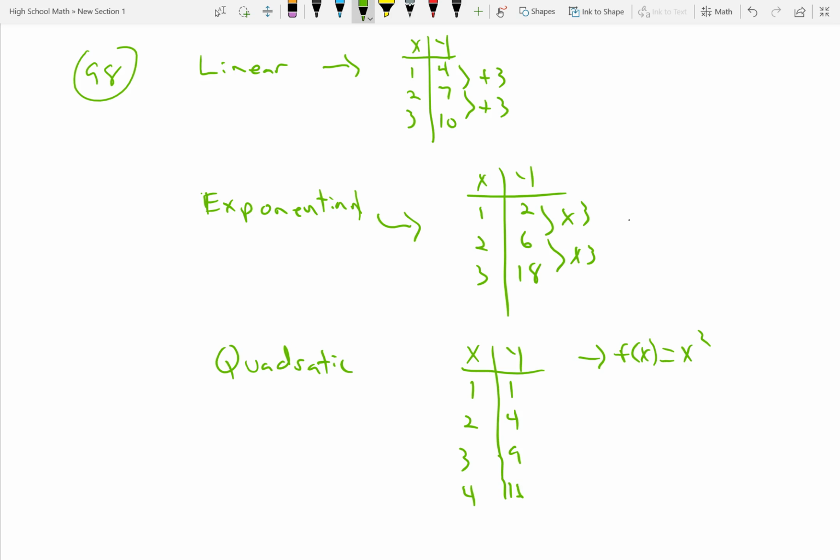You can see we've just squared. Looking at the differences, we've increased by 3, we've increased by 5, we've increased by 7. Now looking at these second differences, you can see they're a constant. An add of 2, an add of 2. In a quadratic relationship, the second difference will be constant.